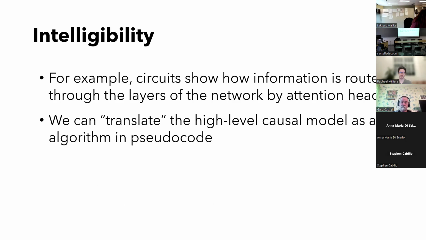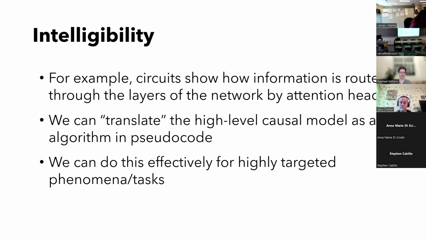That's what sometimes mechanistic interpretability researchers do, in line with this aspirational goal of reverse engineering neural networks. And I think we can do that actually pretty effectively for highly targeted phenomena and tasks like indirect object identification or various other specific phenomena that have been investigated with mechanistic interpretability.